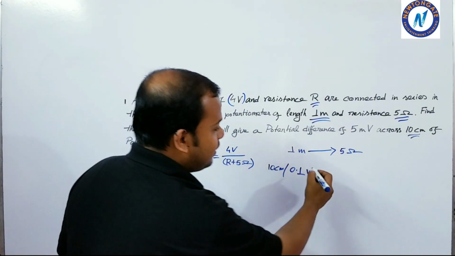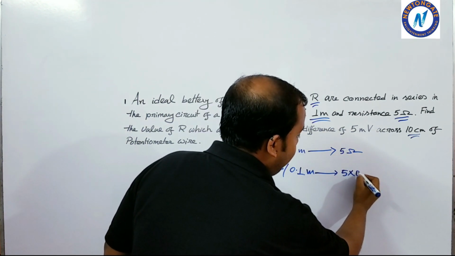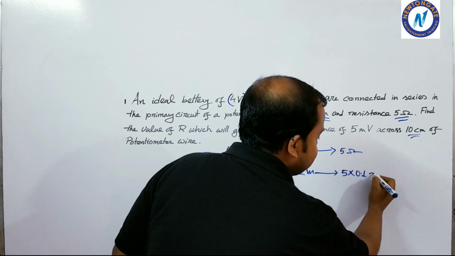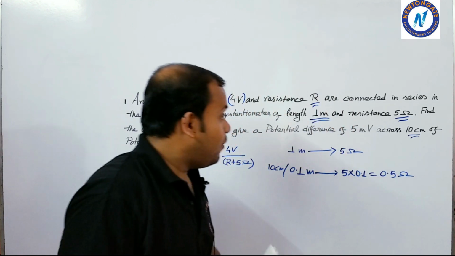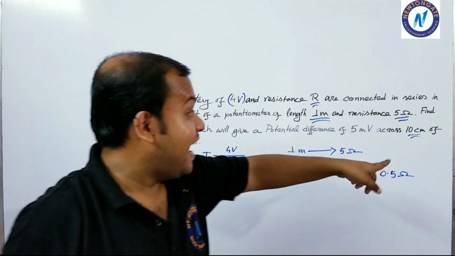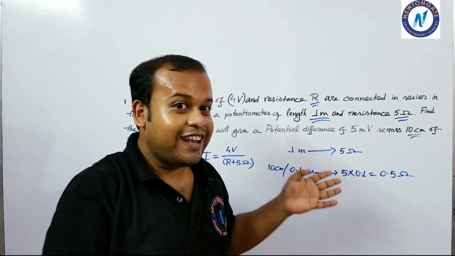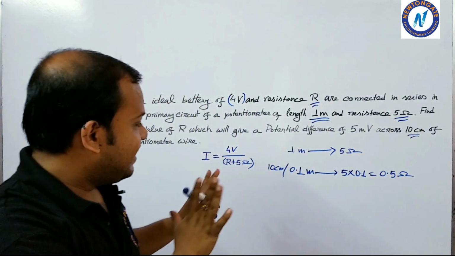So 0.1 meter will contribute 5 into 0.1, that is 0.5 ohms. So the resistance that this 10 centimeter of wire is contributing is 0.5 ohms.